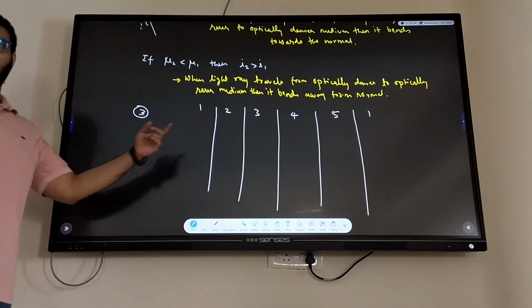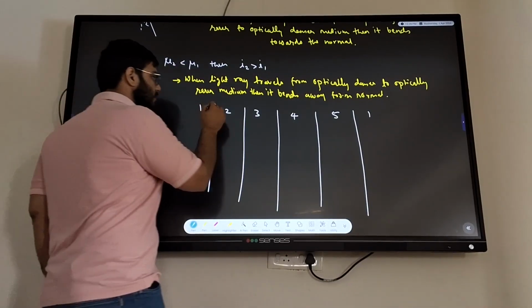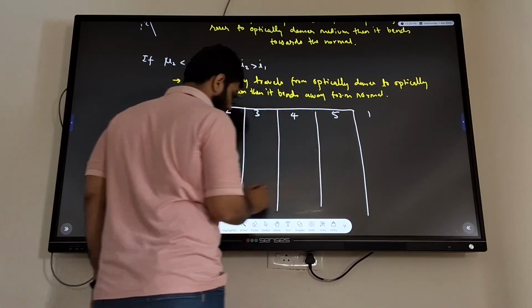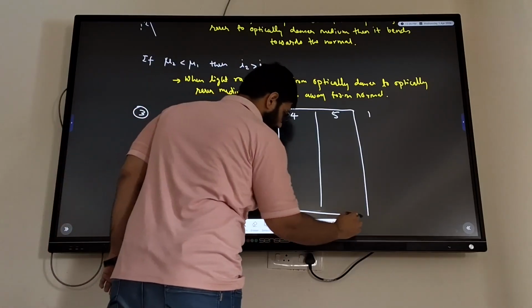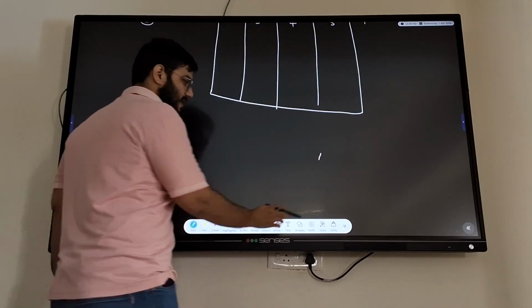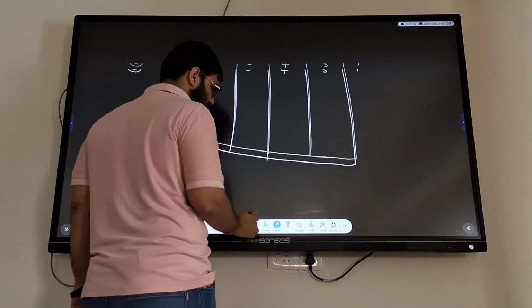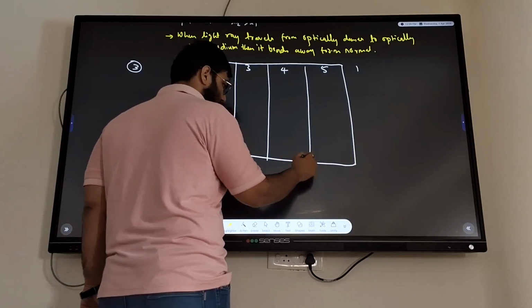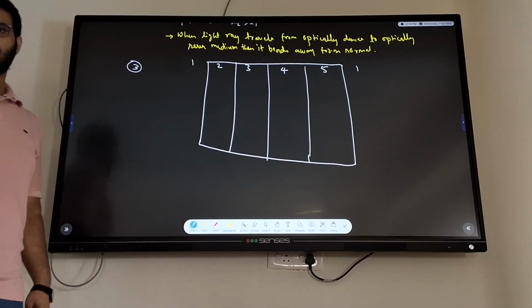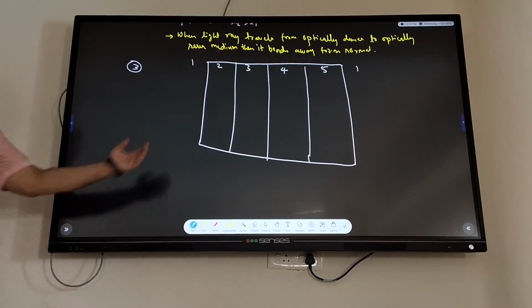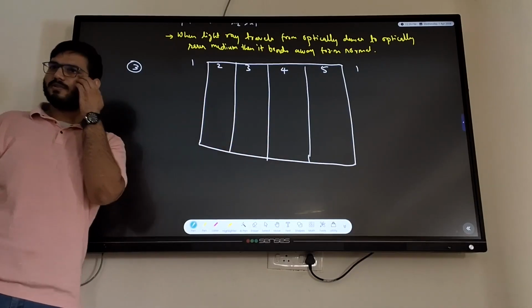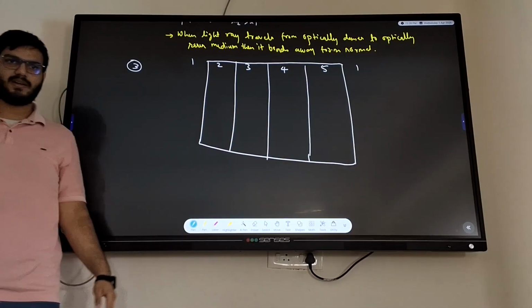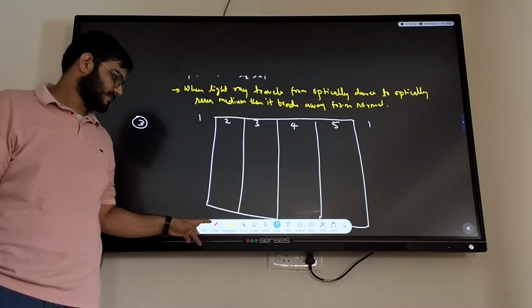You have so many mediums here. You can imagine it to be some kind of container which has many chemicals or immiscible materials. You understand the meaning of immiscible? They don't mix. So there are many layers, and all those layers have different indices of refraction.